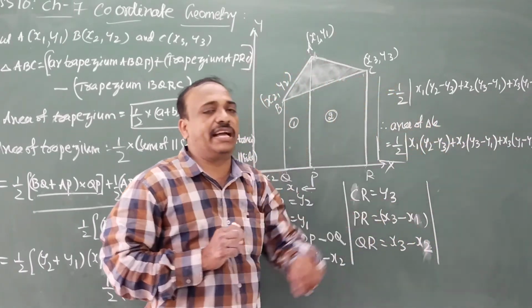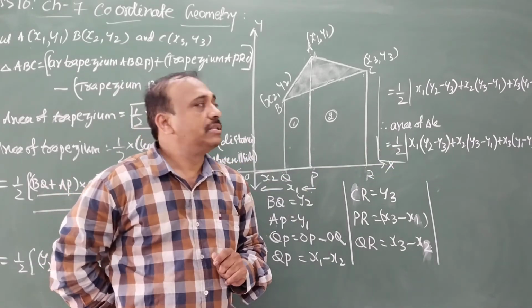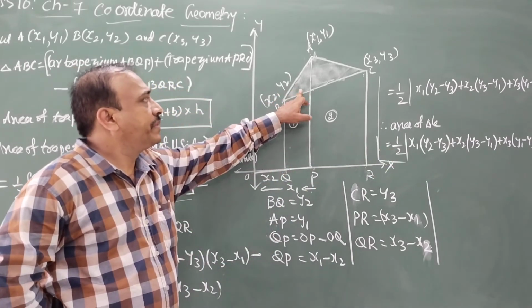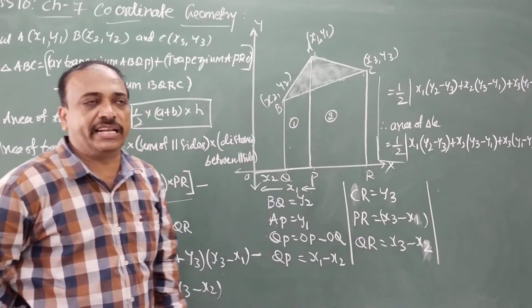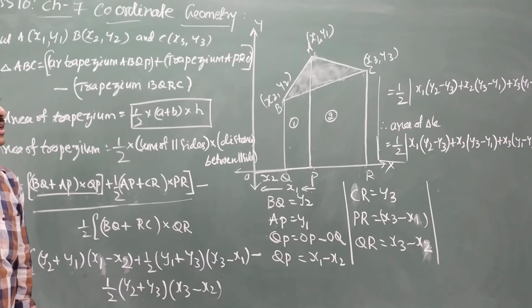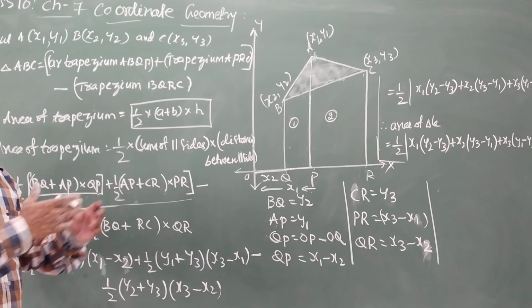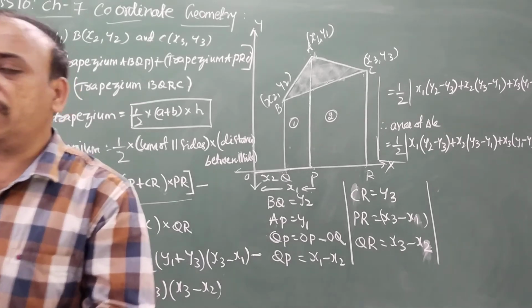This is the area of the triangle. So with coordinates we use this formula: the area of triangle ABC with vertices A (x1, y1), B (x2, y2), C (x3, y3). Based on this, now we'll see the application part.